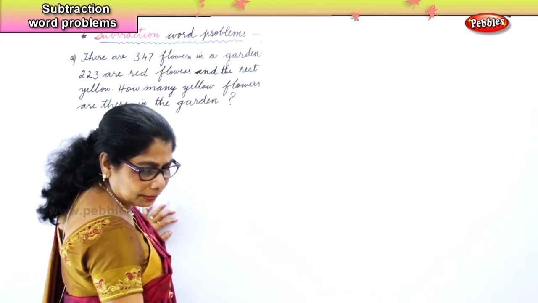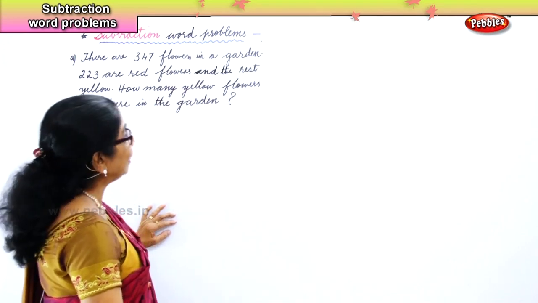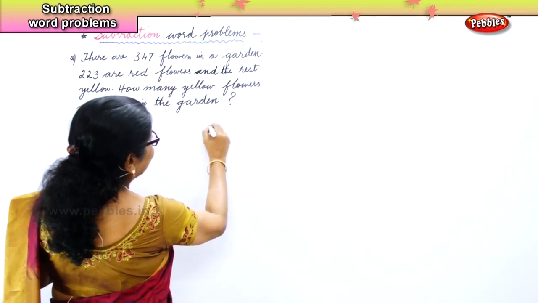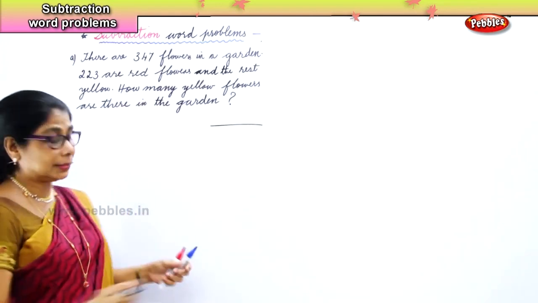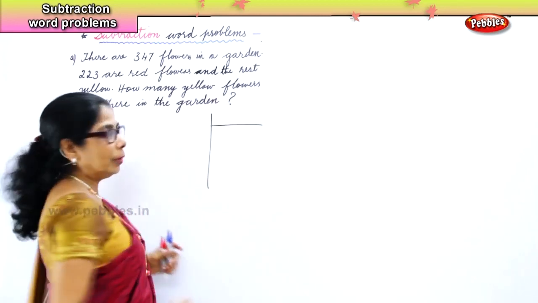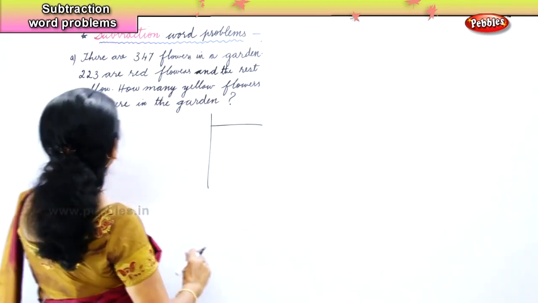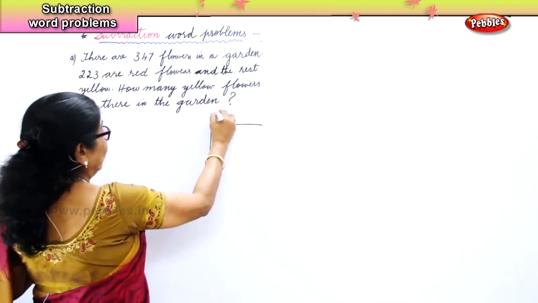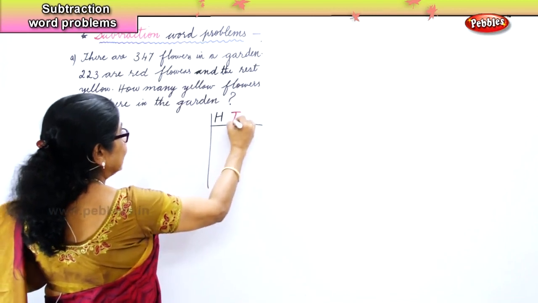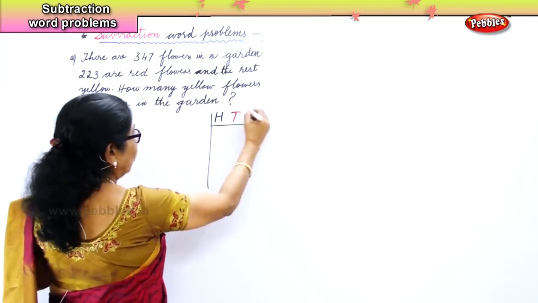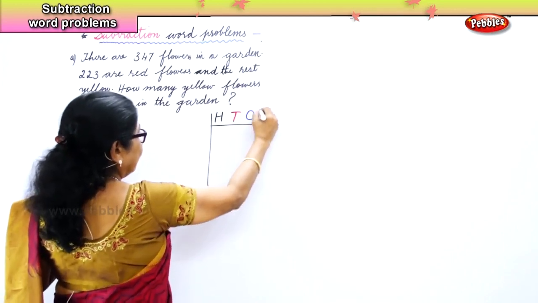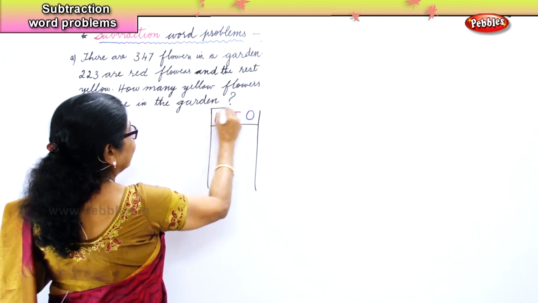So first you have to prepare. You're going to write down the sum. Whatever you write, the numbers have to be in order so that we do not make a mistake. You have hundreds, tens, and ones. That's the first thing you will prepare. So we have prepared our subtraction box.